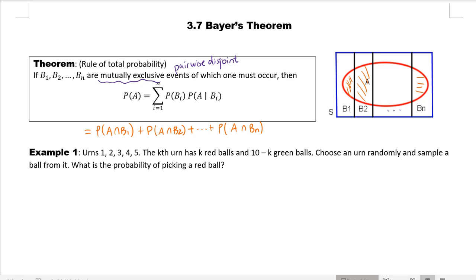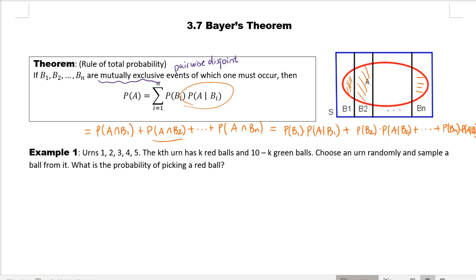But now, for each of the slices, think about the multiplication rule. Here assume that we know how to calculate P of A given Bi. So the first one becomes P of B1 times P of A given B1, and then the second becomes P of B2 times P of A given B2, etc. And the last is P of Bn times P of A given Bn.